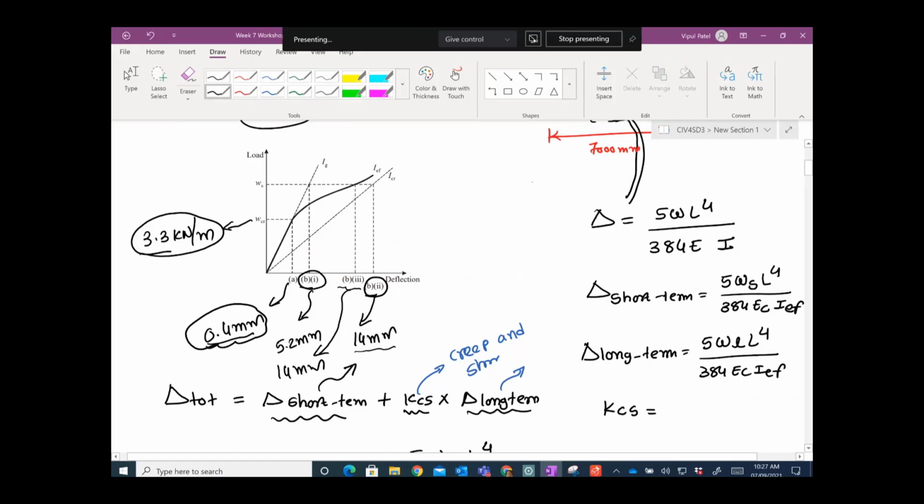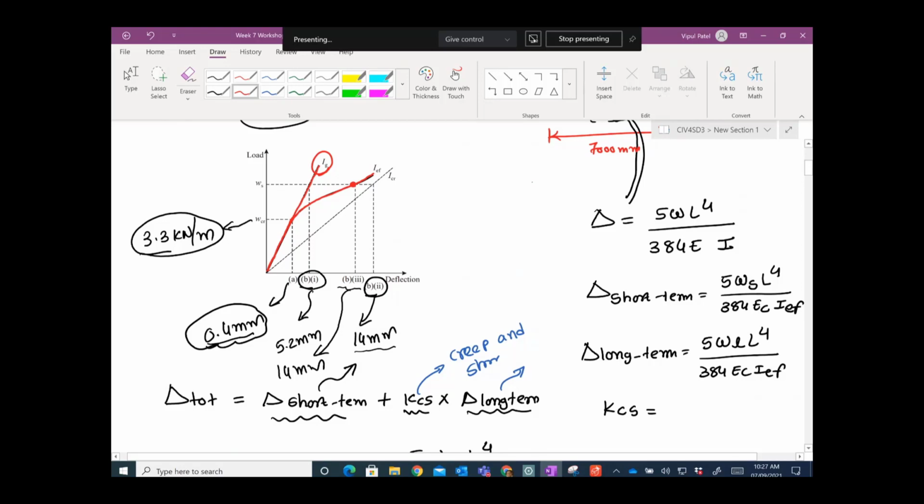Look, this is the real one. Meaning when you do a laboratory test, this is what is going to happen. Real one means this is the one that you're going to use. This is I gross. I gross means if you want to design for elastic behavior, that is called the working stress method.